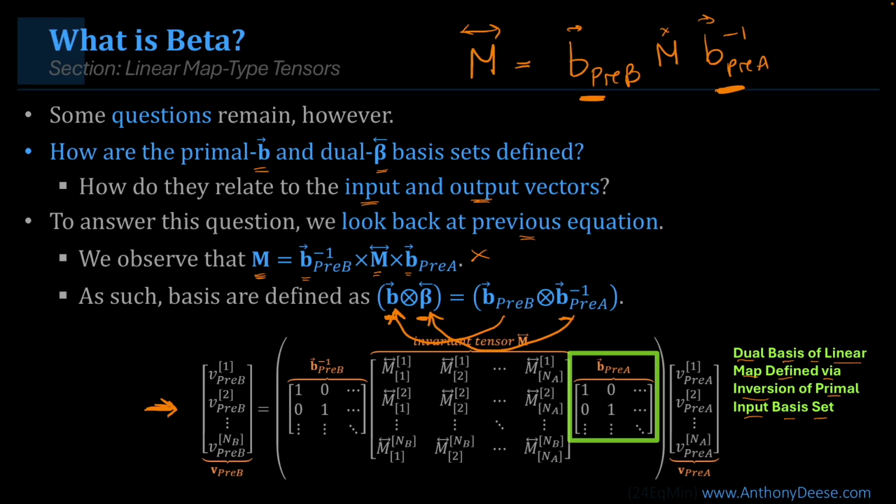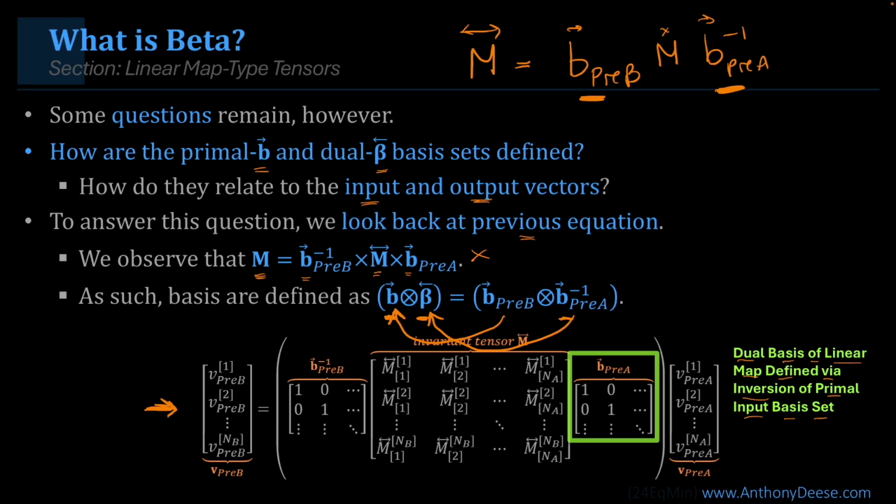This makes sense because we expect for our mapping to be tuned, let's say tuned to a desired relationship between the input and output primal vectors.